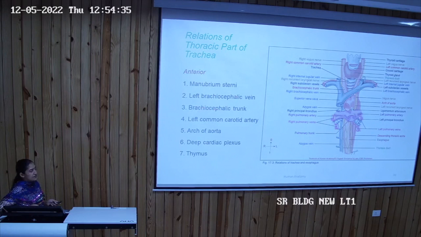Next are the brachiocephalic trunk, left common carotid artery, arch of aorta, deep cardiac plexus and the thymus. These are the anterior relations of the trachea.